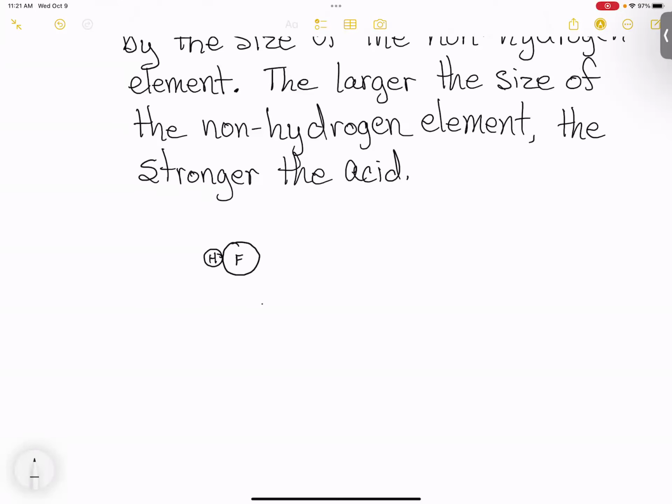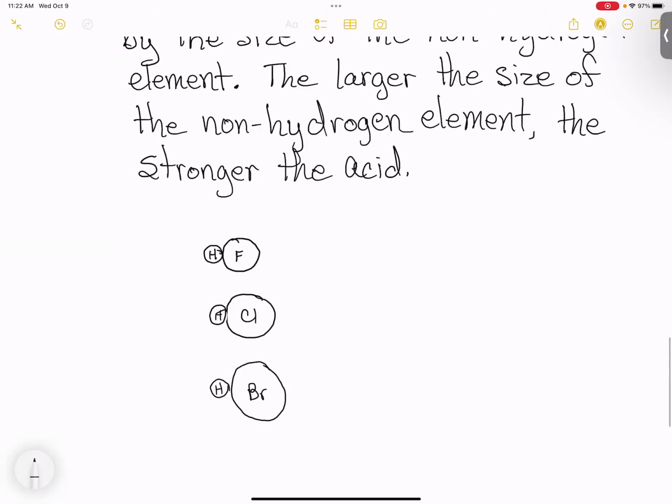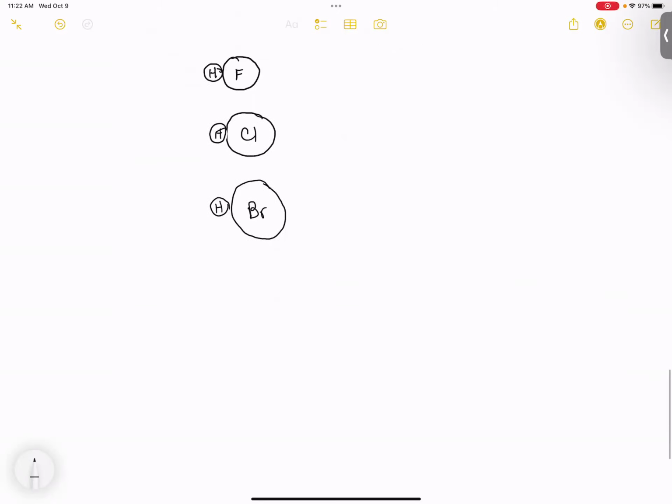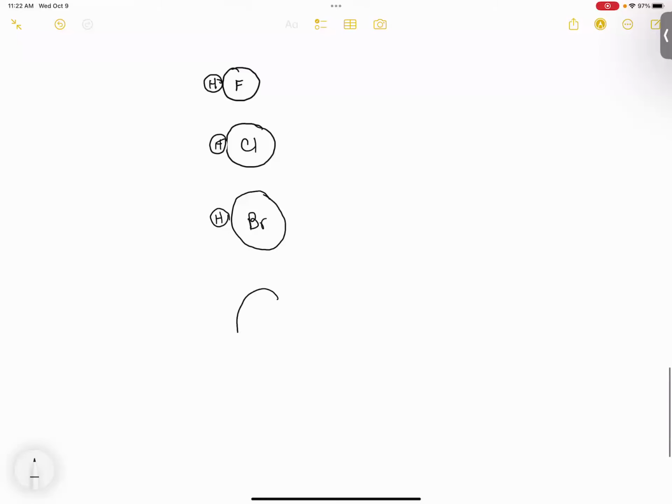As you go down the group, the atomic size increases. Any questions so far?